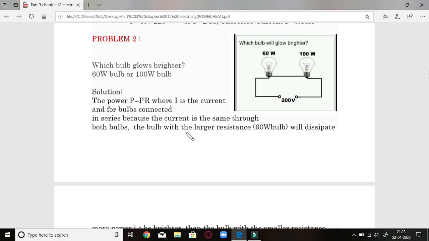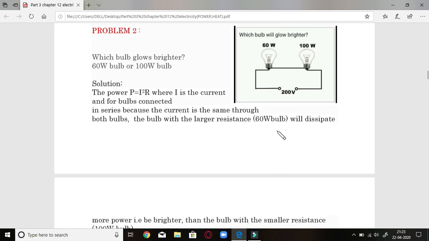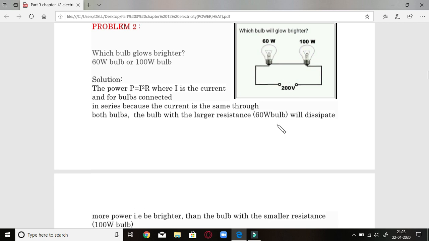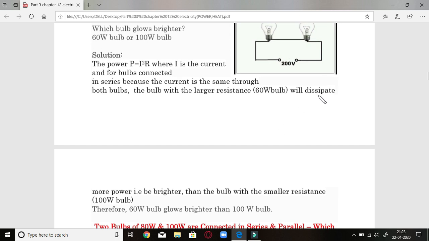Through these bulbs, the bulb with a higher resistance, that is the 60 watt bulb, will dissipate more power, since it has a larger resistance.